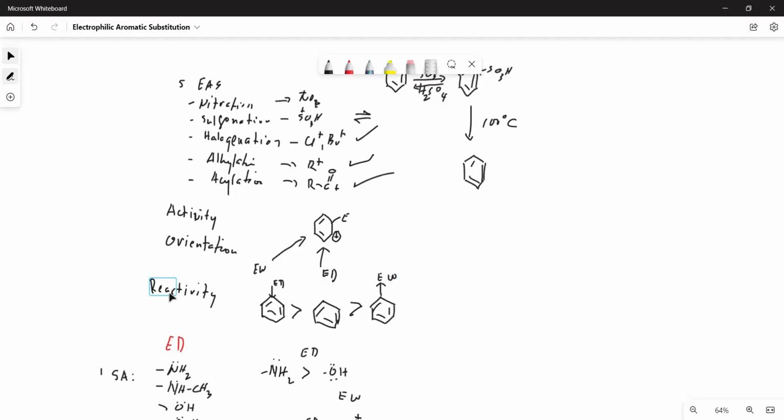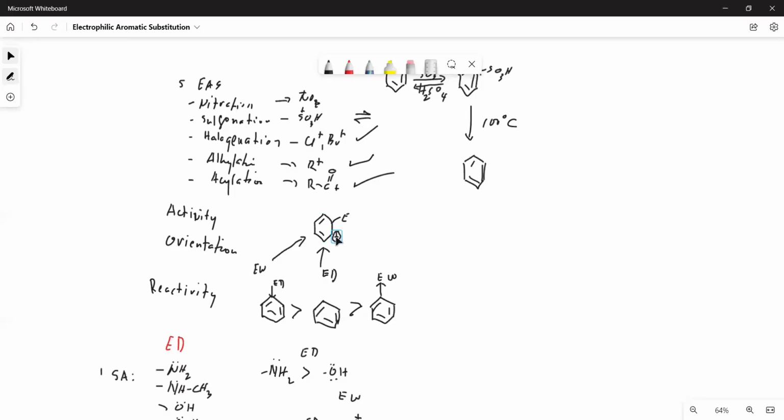Talking about reactivity of the benzene ring, the presence of electron donating group will increase the reactivity of the benzene ring. You know why? Because the intermediate in this reaction is a carbonium ion.